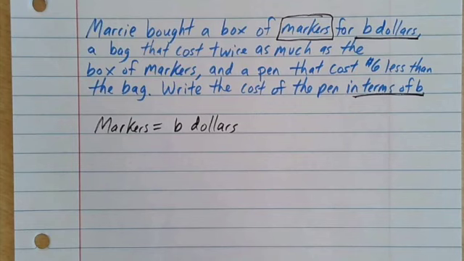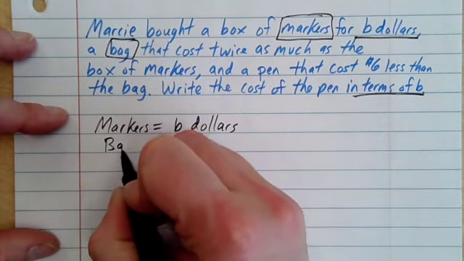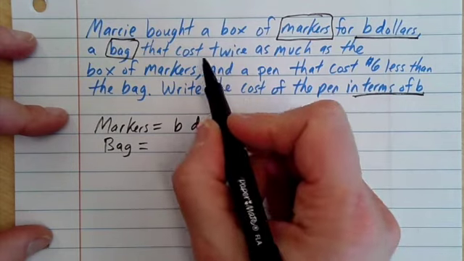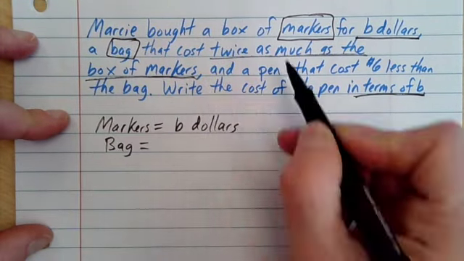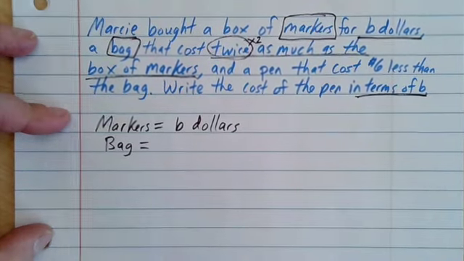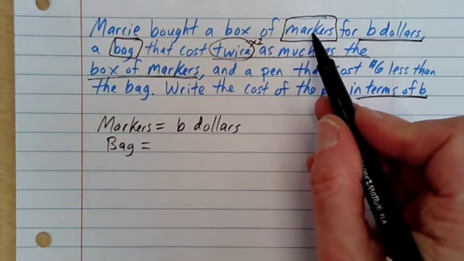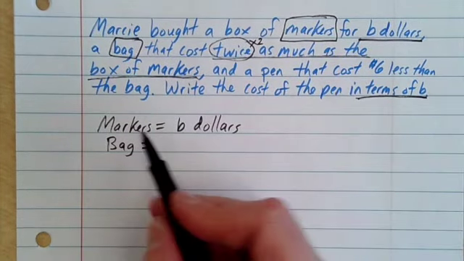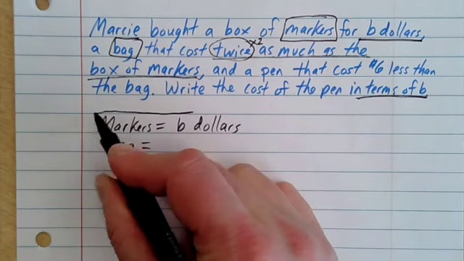What else do we have? We have a bag. So the bag cost, here's our clue, twice as much as the box of markers. So twice as much should tell us that we're timesing it by 2. What are we timesing by 2? We're timesing the markers by 2. The markers cost $B.